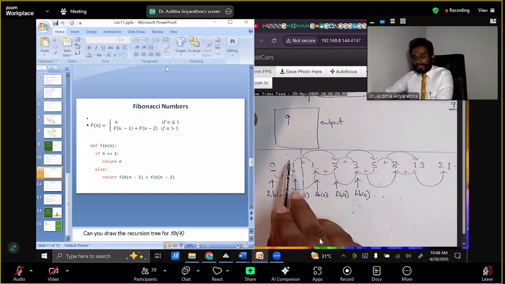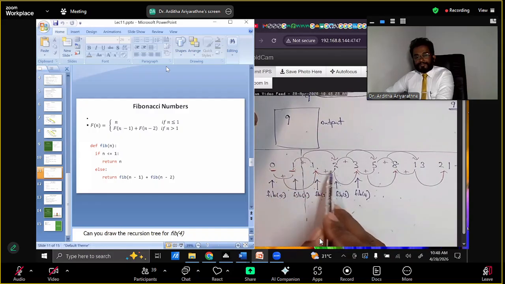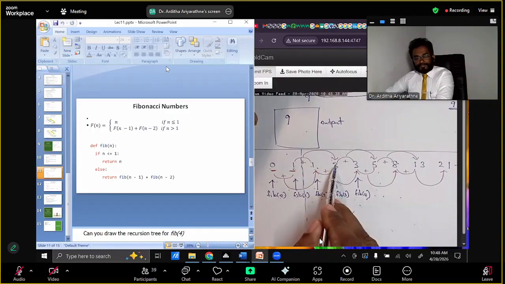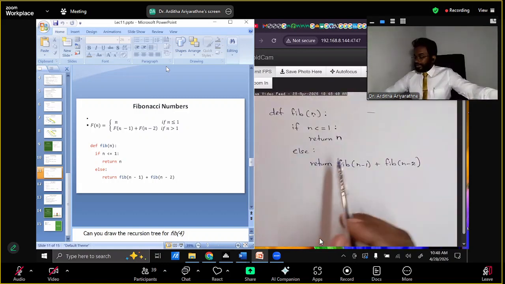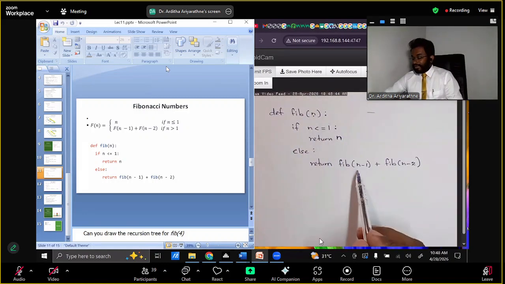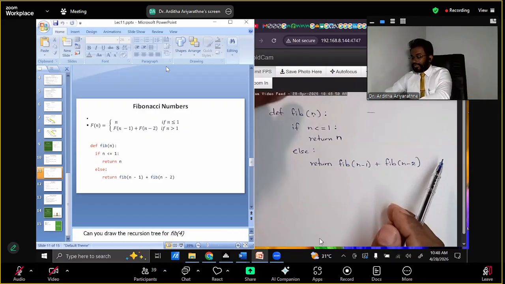Fibonacci 3 is formed by adding the values of Fibonacci 1 and Fibonacci 2. That's why, to find Fibonacci n, we use Fibonacci n minus 1 plus Fibonacci n minus 2. So this is the way of doing that.